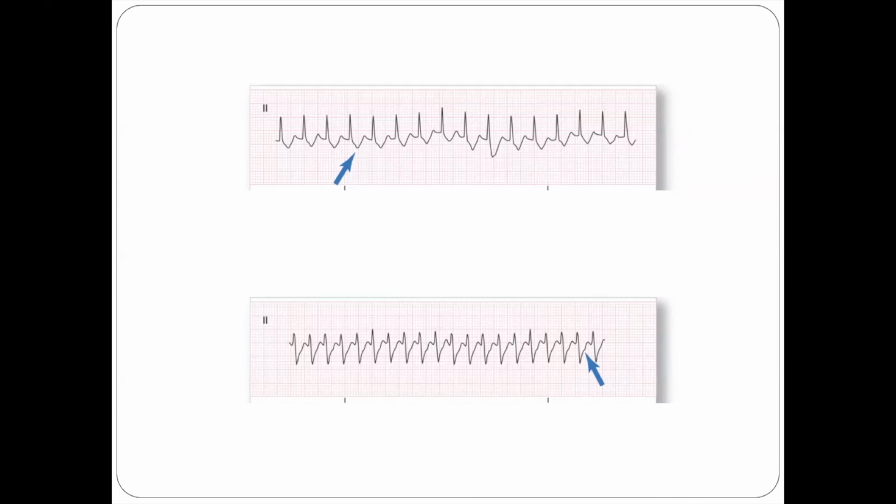Take, for example, if you have an A flutter, as I mentioned before, that has no AV nodal control at all, then that A flutter moving at 300 means that it's pounding the ventricles at 300 as well. And you could even think something worse here. What if they had AFib?